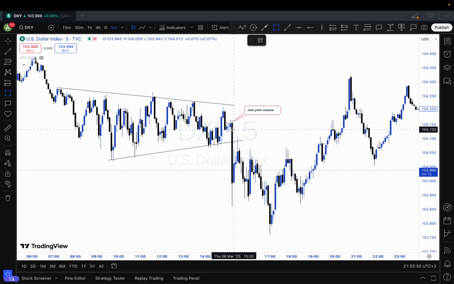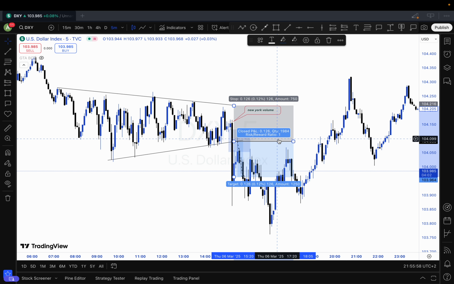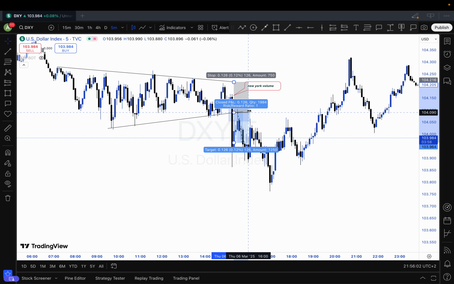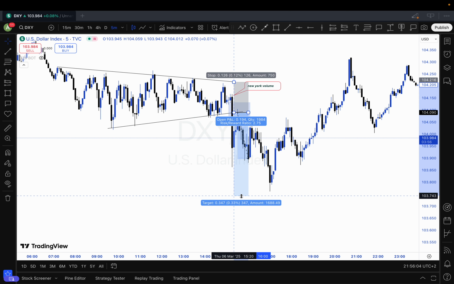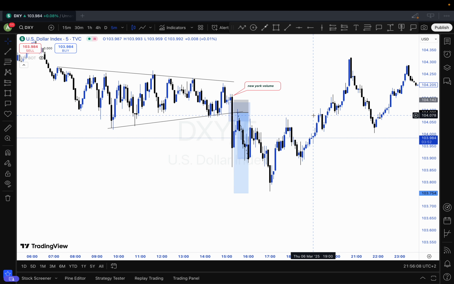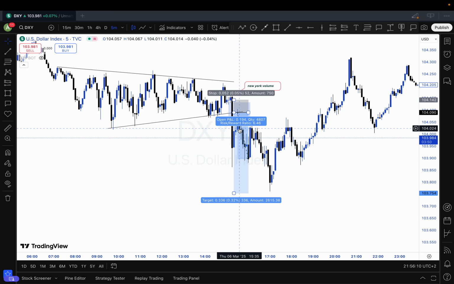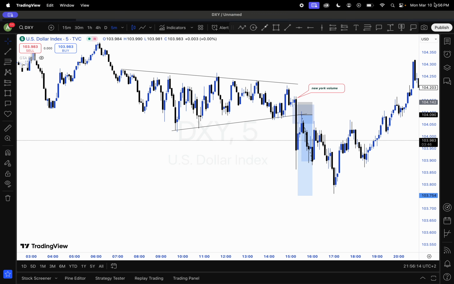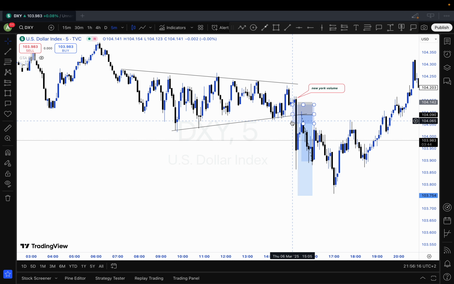This was the retest that happened, and then we had a sell to the downside. This is very interesting. So in this kind of scenario, it tells us that breakout and retest are a very, very great thing.